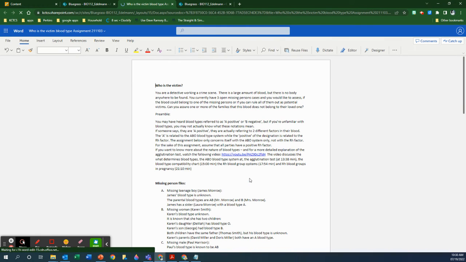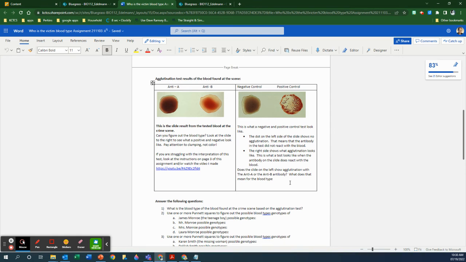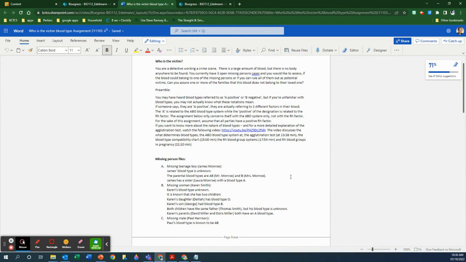You're working a crime scene, and what you have in this crime scene is a lot of blood. Then you have three missing persons, and you're trying to figure out if that blood could belong to any one of them. What you know about those missing persons is, of course, you don't have their blood type because they're missing, but you have the blood types of their relatives. So you can figure out their blood type because of this.